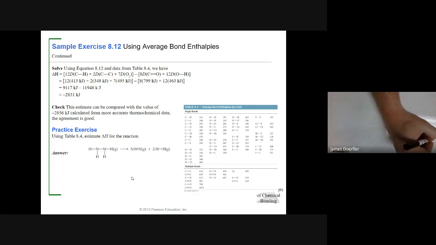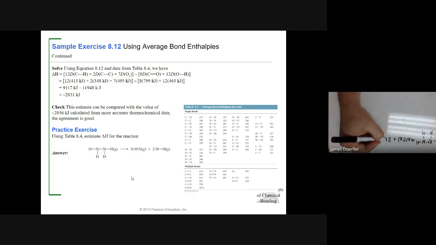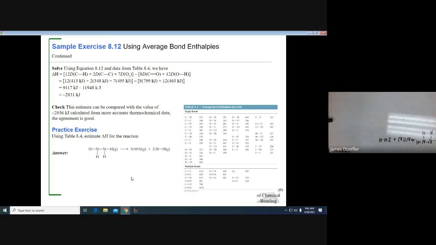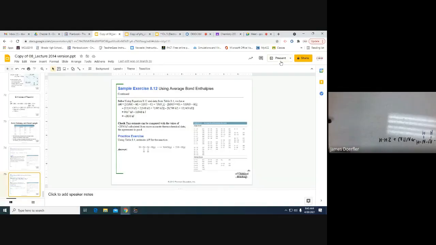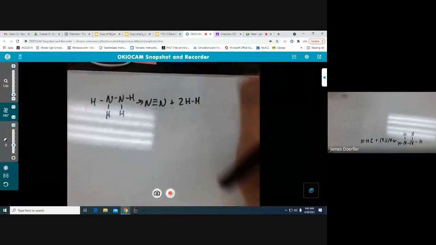I would copy this, well, if you have enough room you don't have to, but if you want to, you can. Nitrogen, nitrogen triple bond plus 2 H-H single bonds.